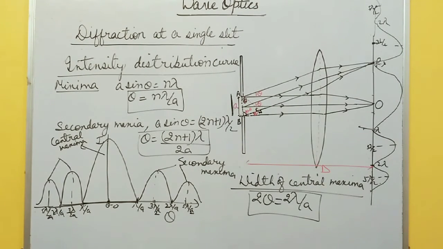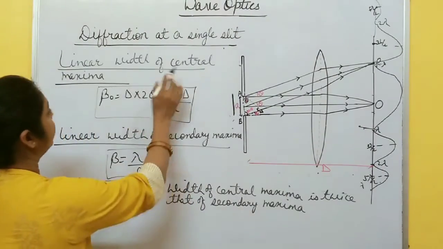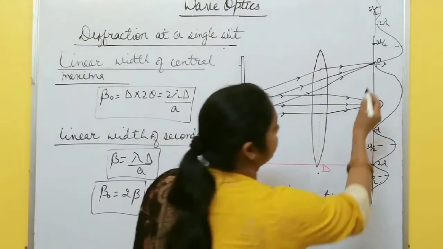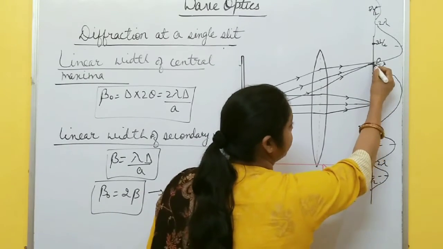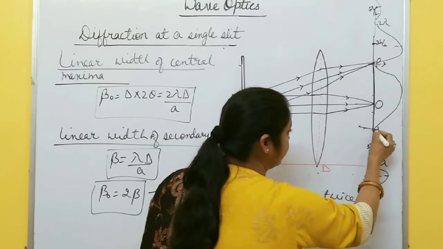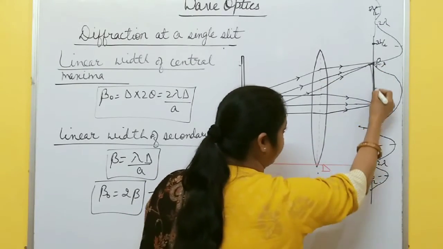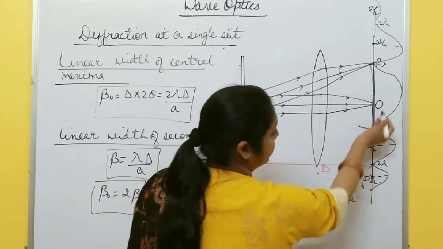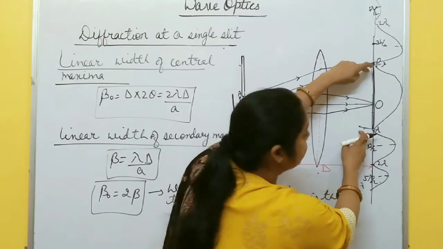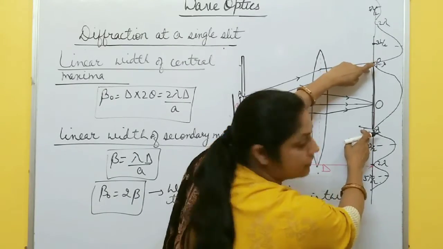Then we will move to the next little bit part of diffraction that is left, that is the linear width of central maxima. What is the linear width of this central maxima? This one is the angular width, and this straight line from both sides of the screen, up to which region the central maxima is there, is the linear width.